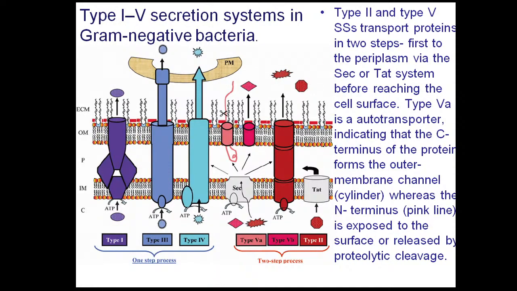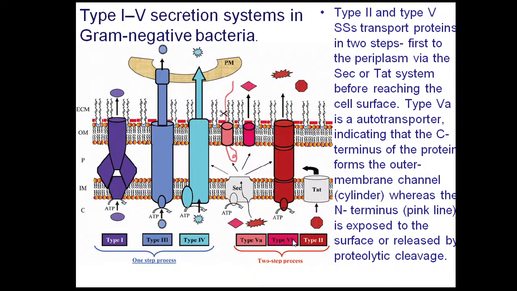Type 2 and type 5 secretory systems transport proteins in a two-step process: first to the periplasm via the Sec system, before reaching the cell surface, and then to the cell surface.